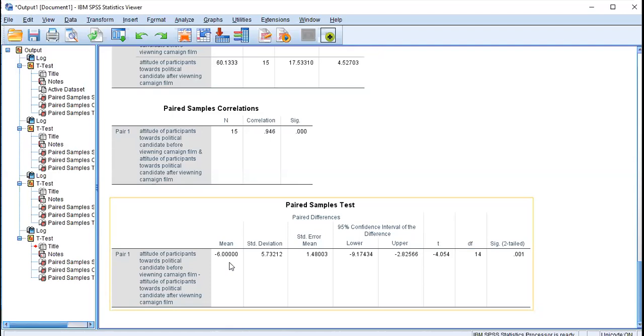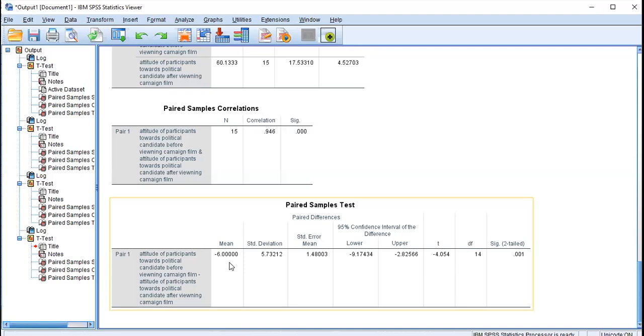Now if you look at the questions, let's start with the hypothesis first. We have the null hypothesis and we have the alternate hypothesis. Talking about the null hypothesis, there's no difference in the attitude of participants towards the political candidate before and after watching the campaign film.